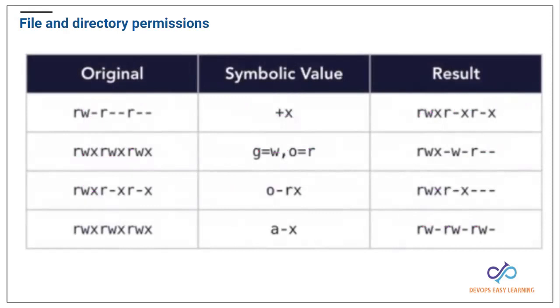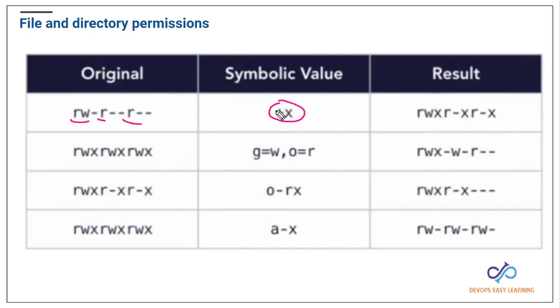Now, what is going on here? If we say rw-, r--, r--, what does that mean? This basically means we can go ahead and add execute permission at all positions. That means user, group, and others.